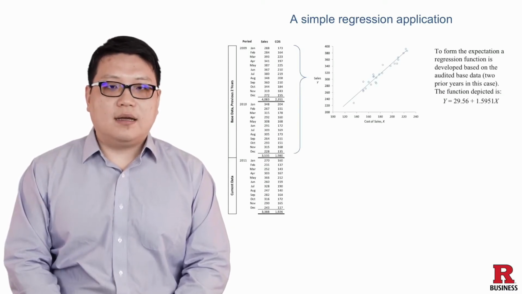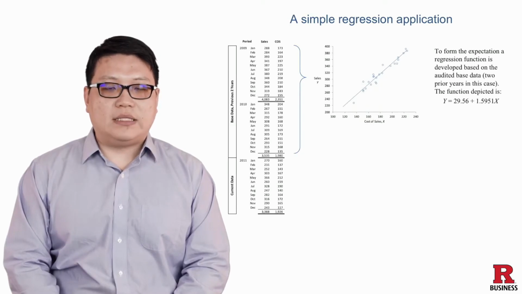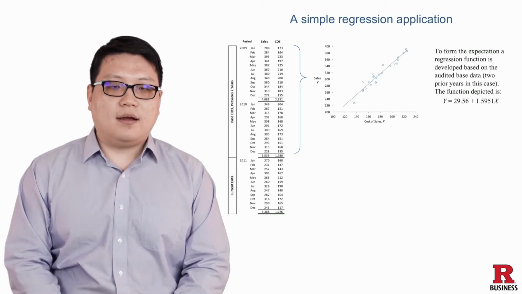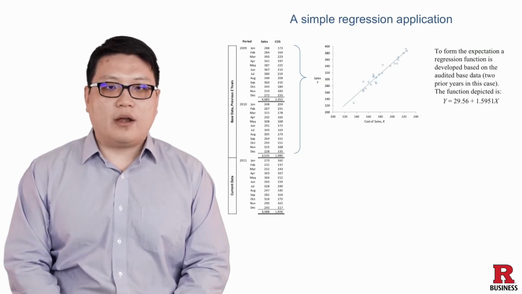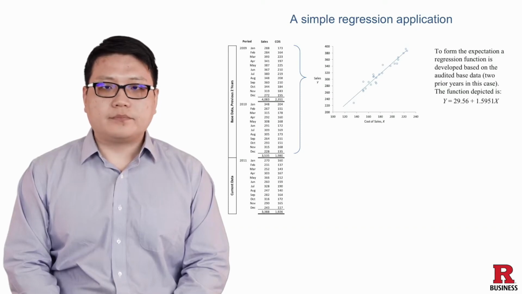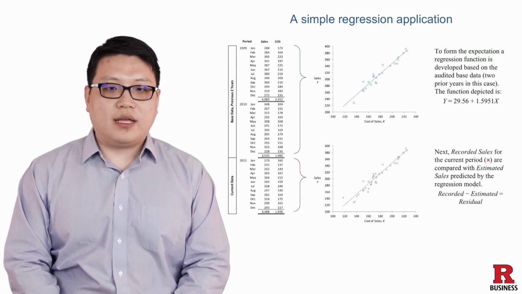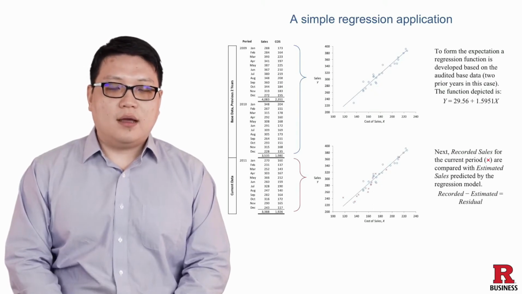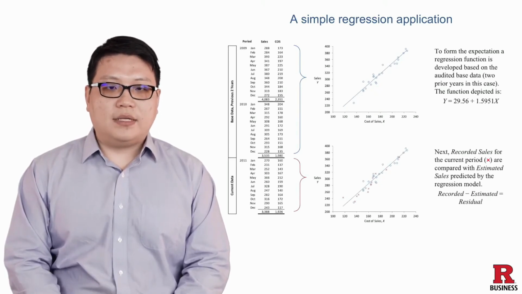From here, we can see that using the cost of sales as the independent variable and the sales number as the dependent variable, we can easily build this regression model, where we find a positive relation between x and y. Then the next thing we can do is plot the current data into this regression model.